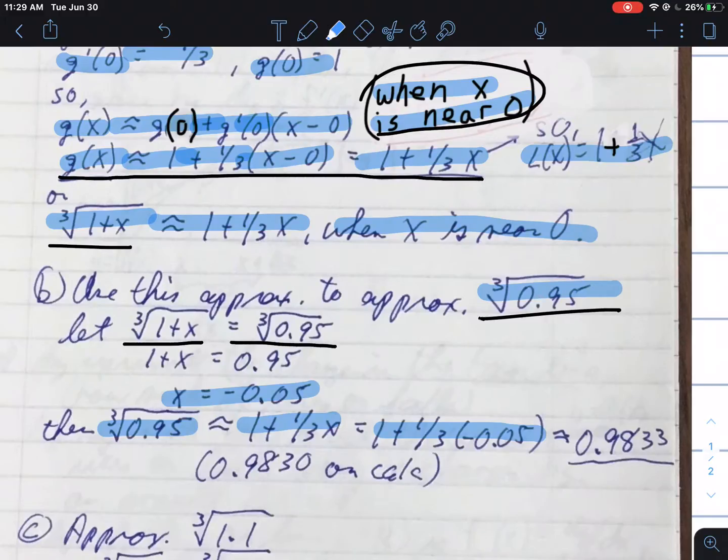Now notice negative 0.05, we said this approximation is good as long as x is near 0, which negative 0.05 is pretty close to 0. So if I plug that into our approximation, I get approximately 0.9833.